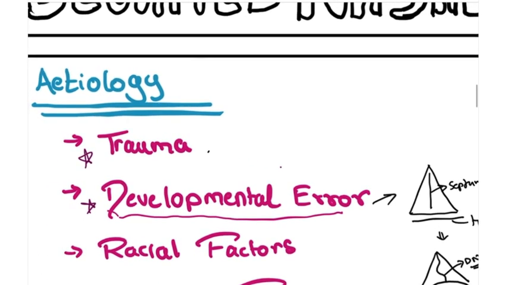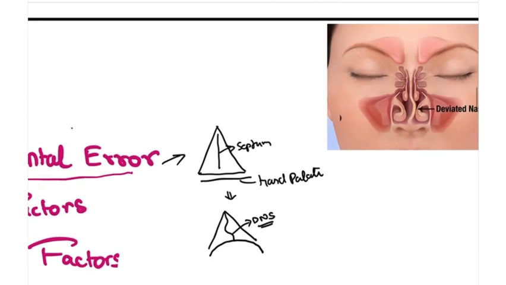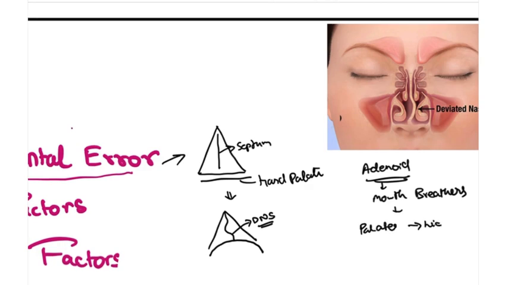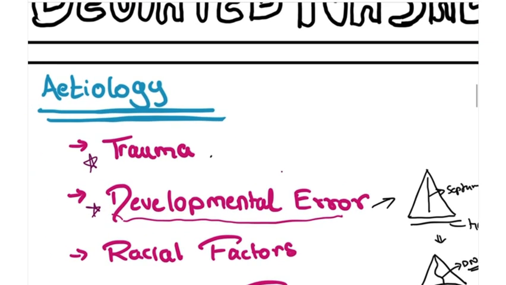Even in people who have adenoids, what happens is that they breathe by mouth, so they are called mouth breathers. In them also the palate is going to become high arched, and this will again lead to DNS. Then we have trauma.